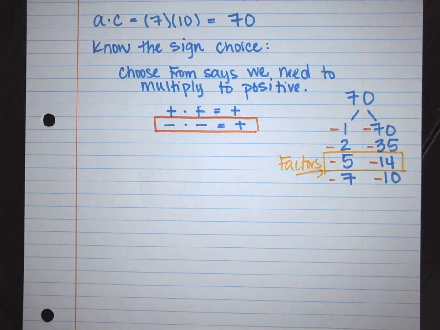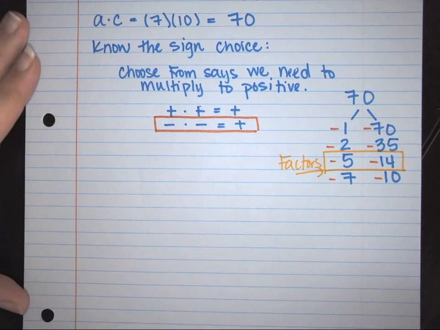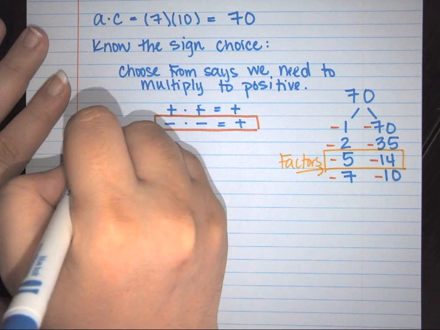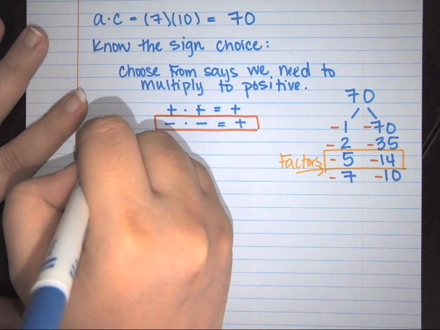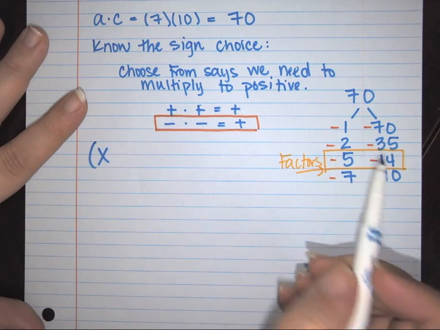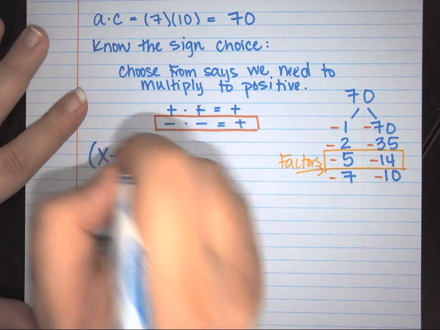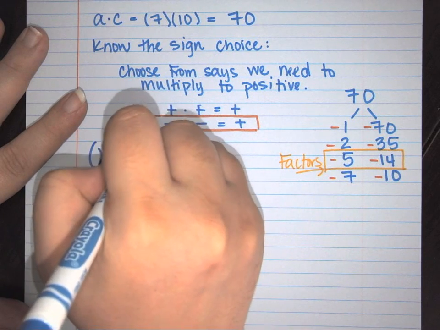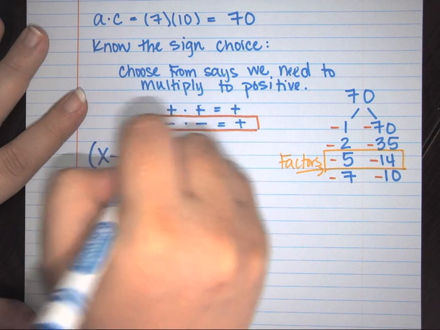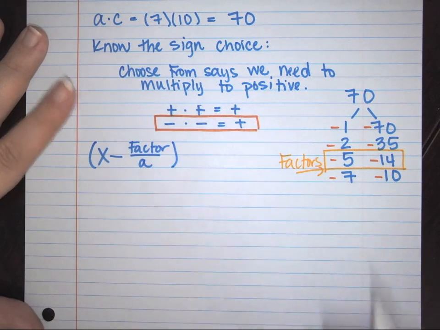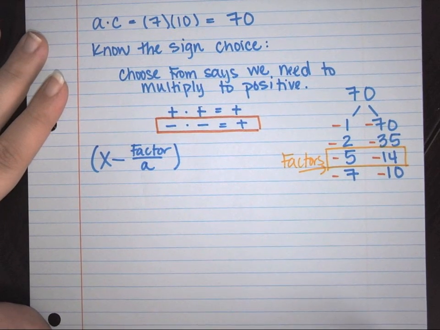And so that means I can now start to set up my bottoms up to the AC method, which says I have to set up my factors in the form x, in this case, because they're negative, minus, and then factor over the a term. So that is my setup.